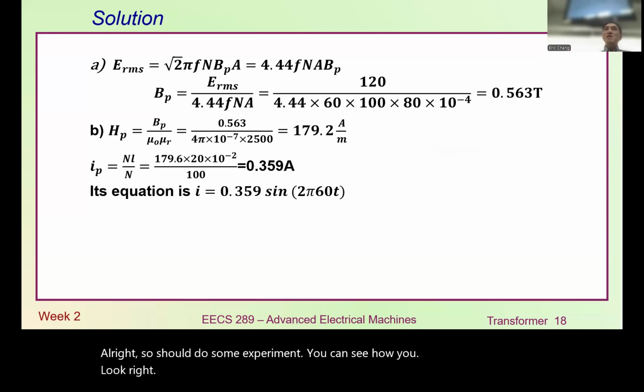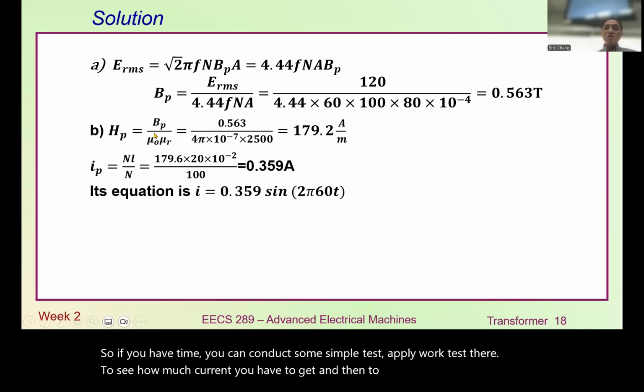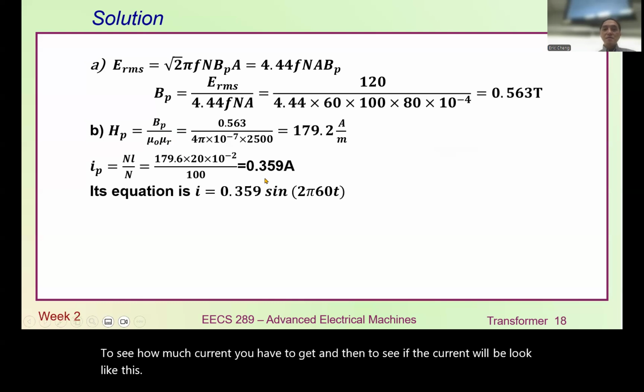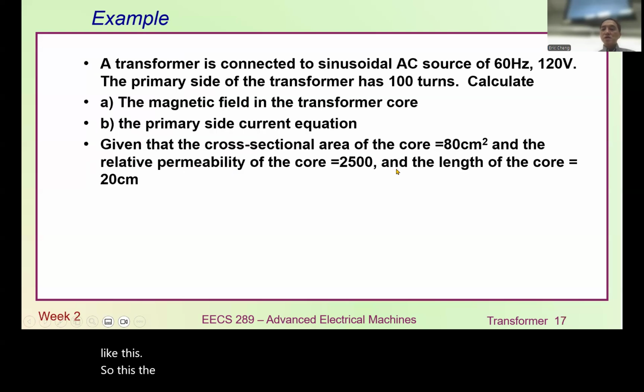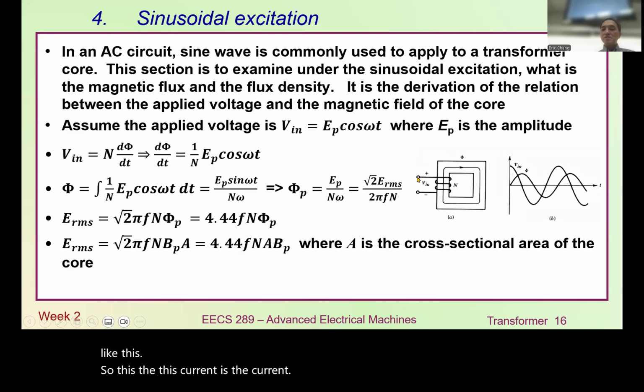If you do have time, you can conduct some simple tests, apply voltage there to see how much current you can get, and then see if the current looks like this. So this current is the current appearing in here, right? You put a coil here, you can measure this current.